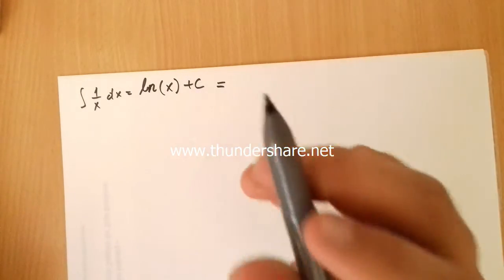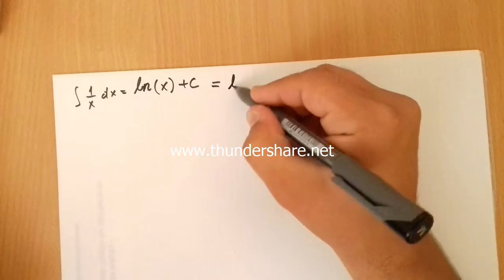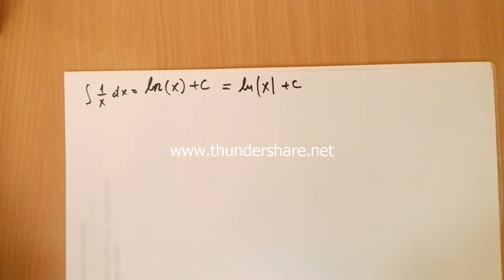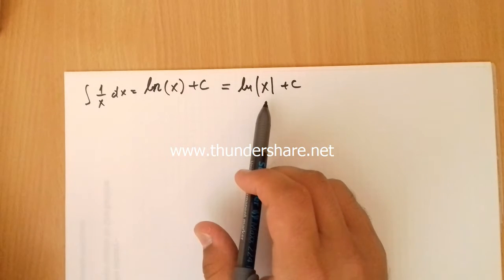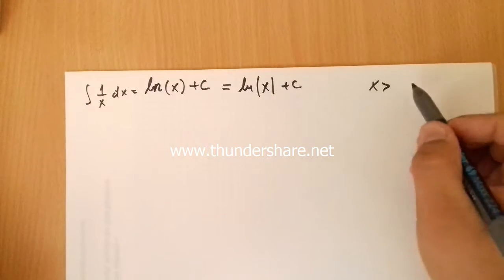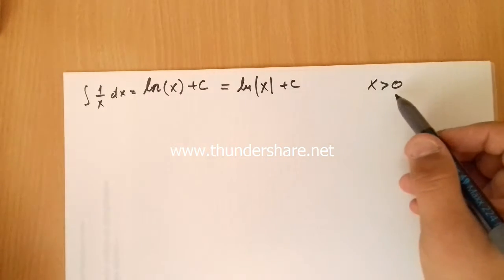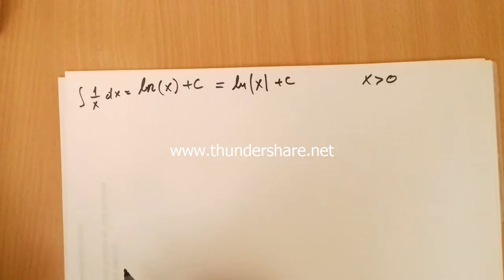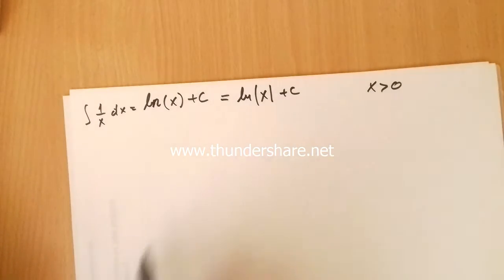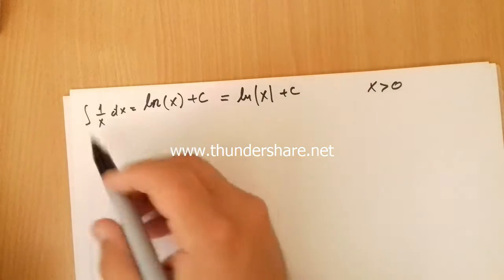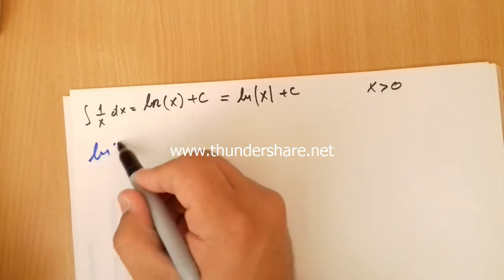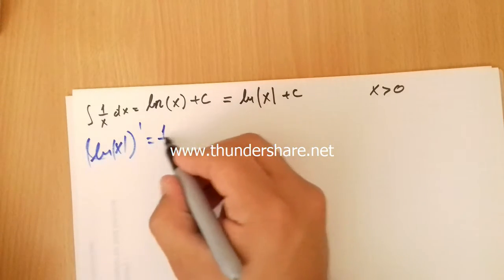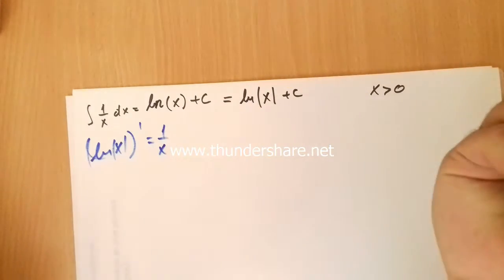Or we should write ln of the absolute value of x, because x cannot be negative here, so x is bigger than 0. Why is this true? Because when we take the derivative of ln of x, it is going to be 1 over x.